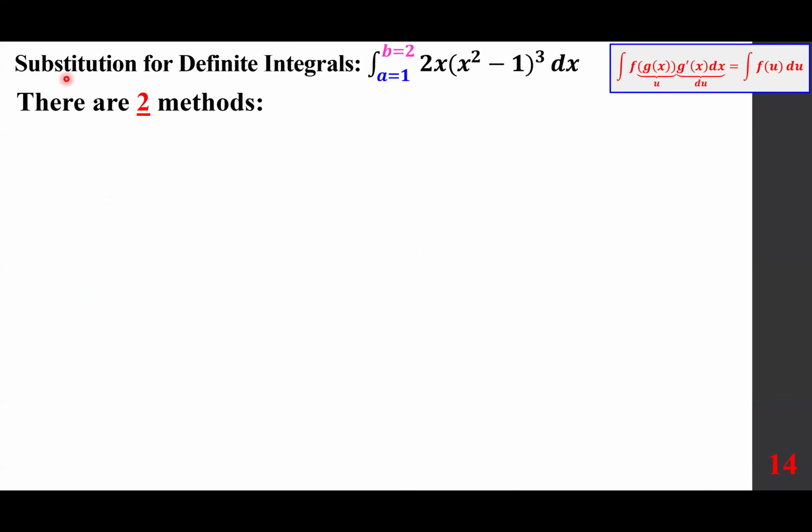What if we have a substitution for a definite integral? Remember, definite integral, you have the integral of a to b of f of x dx, which gives you some number. So the integral of a equals 1 to b equals 2 of 2x times x squared minus 1, quantity cubed, dx. This is a number. But to solve this, you need a substitution.